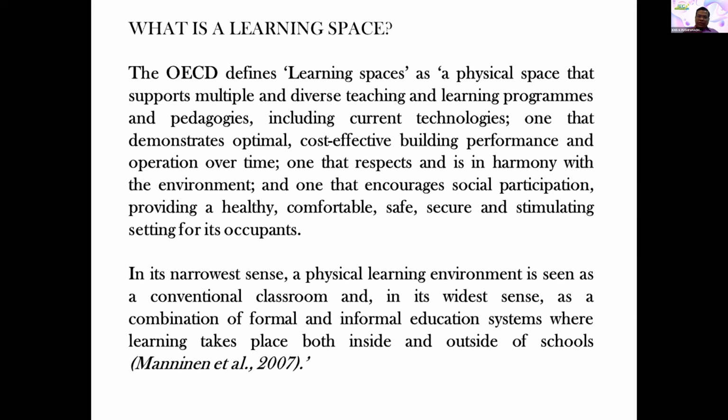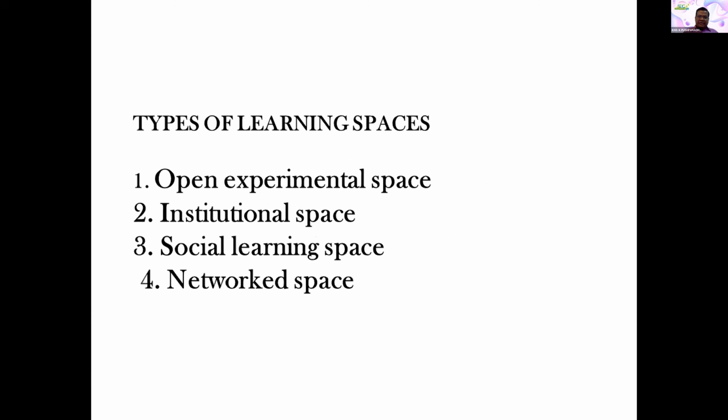So, what needs to be done? We need to understand that within the institutions, we need to create an open experimental space. The institutional space talks about the administrative blocks.